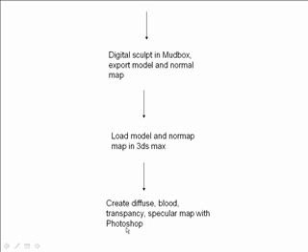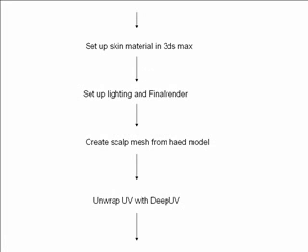Those maps are very important when creating a realistic human hand, realistic human skin material. So set up the skin material in Max. After you set up the skin material in Max, you will set up the lighting and the final render setting, and then you finish the skin.